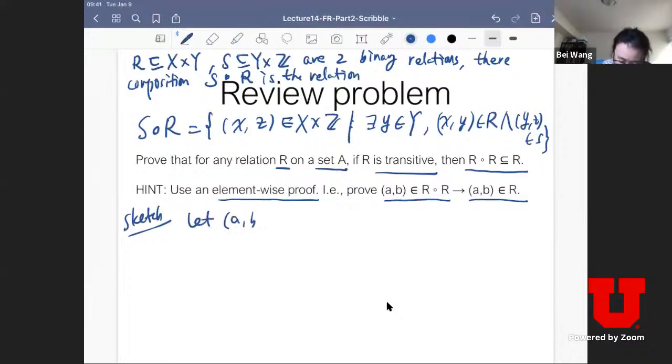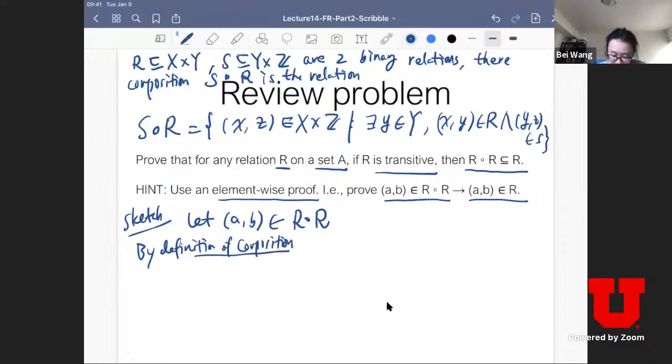Let AB be an element of R composed with R. By the definition of composition of relations, there exists C such that AC is in R and CB is in R.